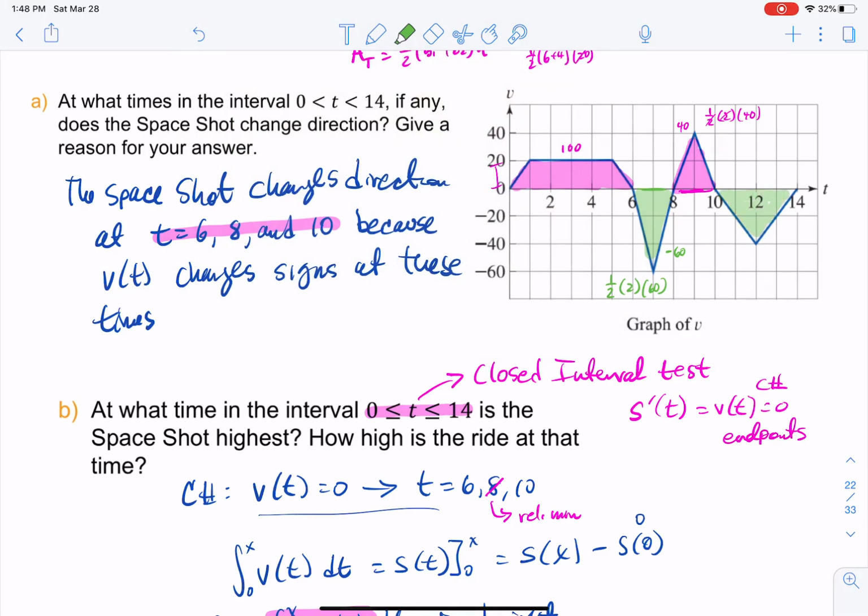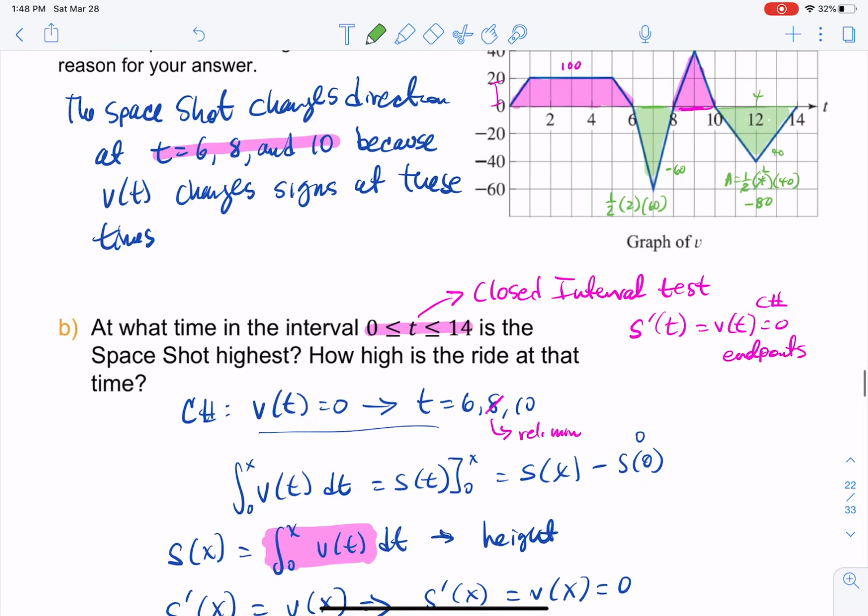Okay. Another triangle, its base length, let's see, is 4, and then it's going downwards 40. So its area is 1/2, that's a half, 4 times 40, which is 80.